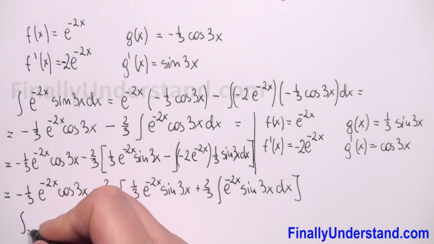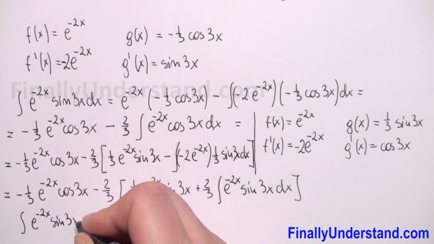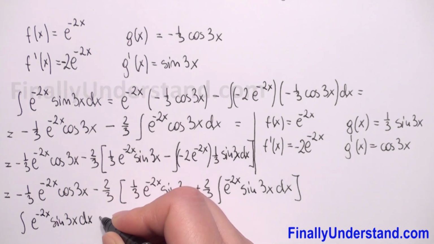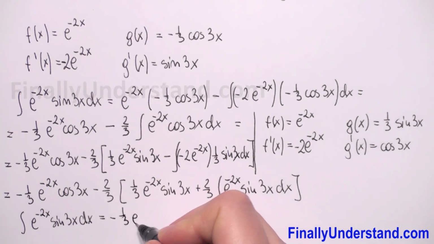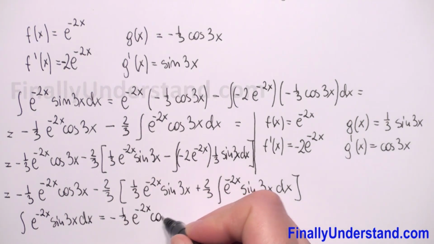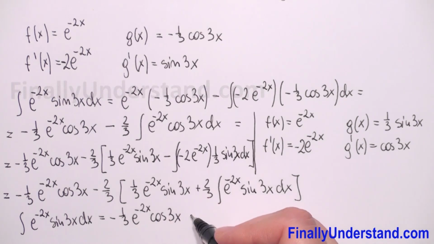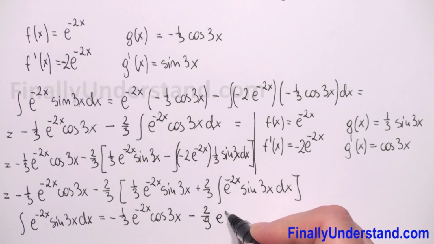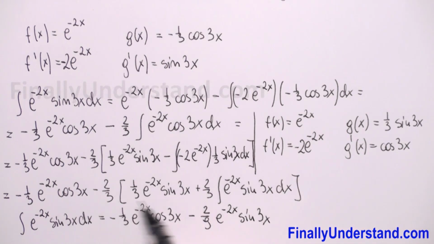We have the integral of e to power negative 2x sine of 3x dx, and this is equal to, we have to copy negative 1/3 e to power negative 2x cosine 3x, negative 2 over 3 times, we have to multiply by 1/3, so it will be negative 2 over 9 e to power negative 2x sine 3x, and negative times positive gives us negative.